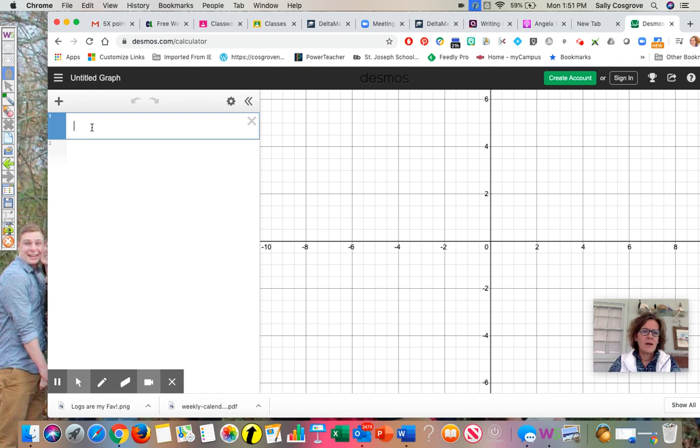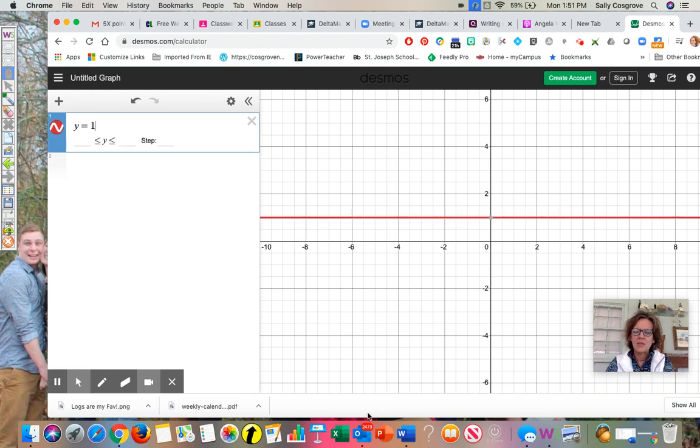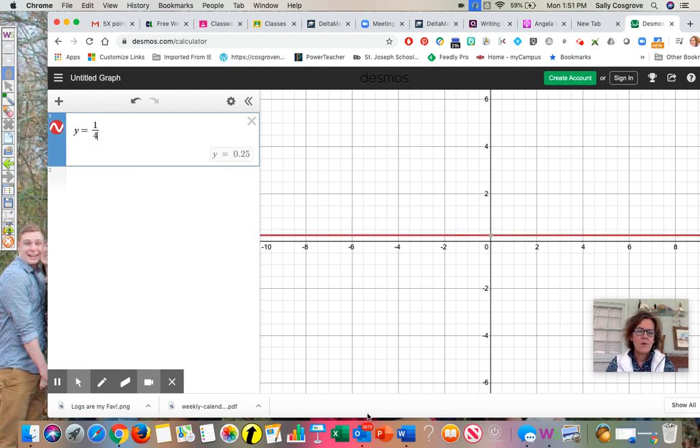We're going to come right here and type in the equation that we just found. So y equals, and it was 1/4, so 1, and then use the slash mark that's underneath the question mark, the bottom right-hand corner of your keyboard, as your division symbol. So 1/4. Oh, look at that, the calculator knew you wanted to do a fraction. Then we need to get the cursor out of the denominator.